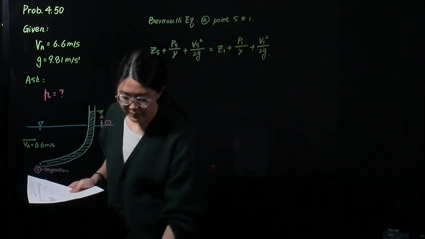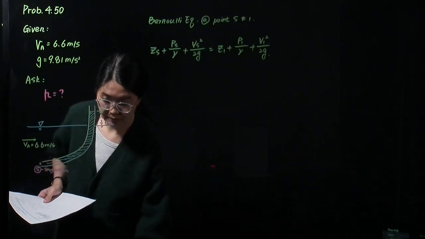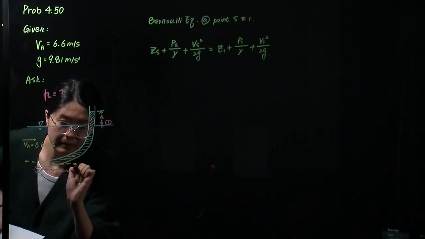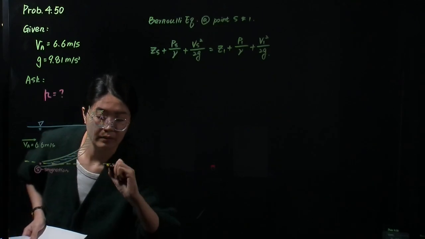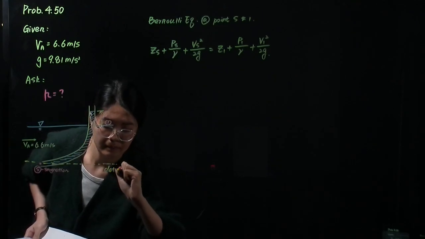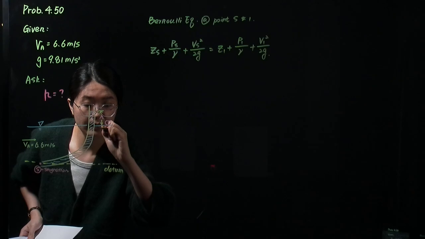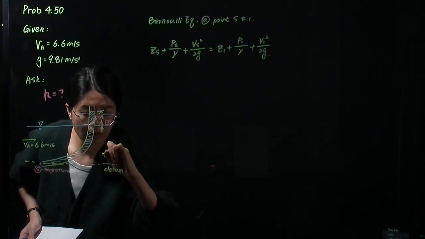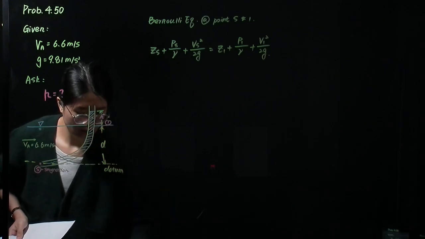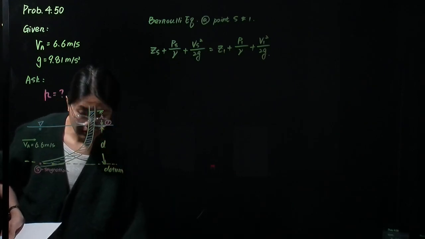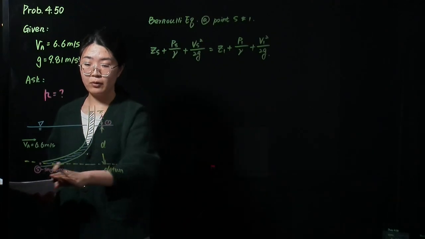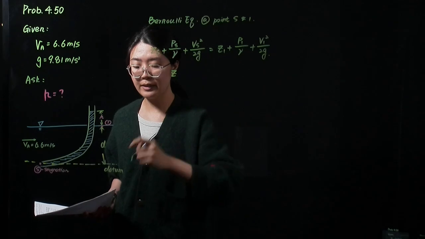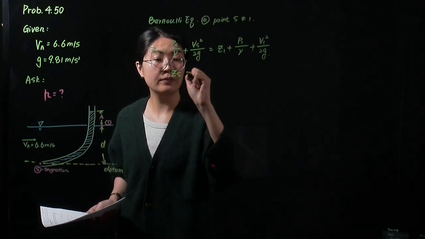If we set the datum at the level of the stagnation point, we call the distance from the water level to the datum d. Then the depth for the stagnation point equals 0 because it's at the same level as the datum.